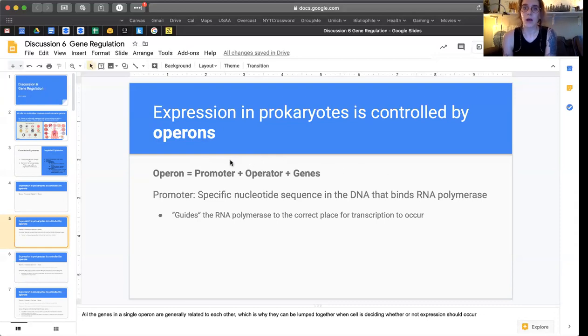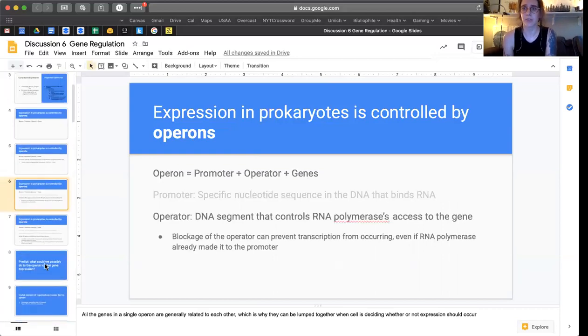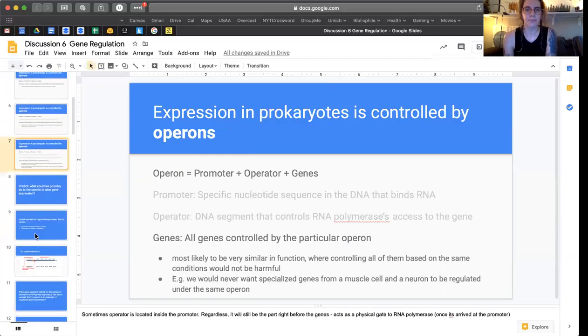However, we could also block or mutate the promoter itself to prevent RNA polymerase binding to begin with. And since the promoter is essentially recruiting the RNA polymerase, if it's not able to bind here, even if this operator is open, it's still not going to be able to transcribe because we're not even getting that RNA polymerase there in the first place. So those are just some examples of how regulation can happen.